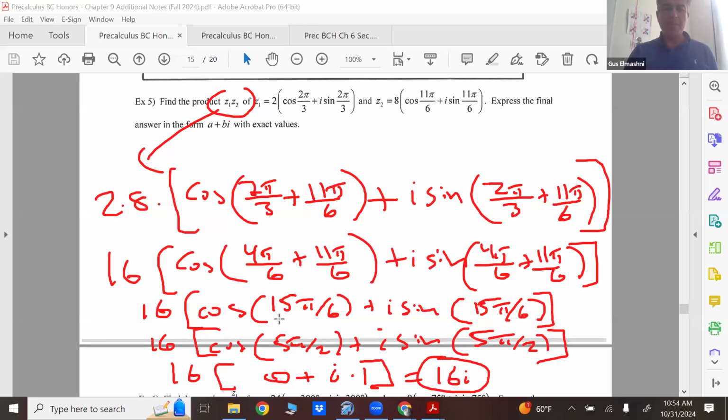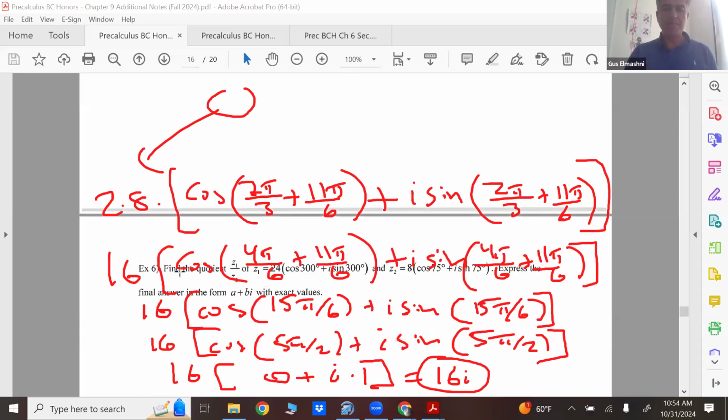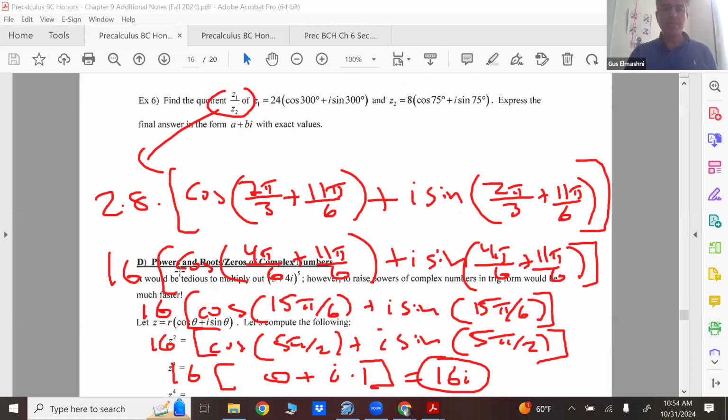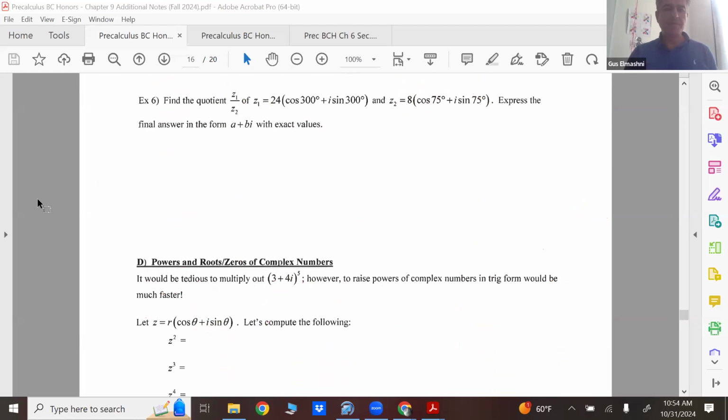All right. Then example 6. Same thing, 24 over 8. Okay, yes, there's degrees. Kind of lied. Yes, we sometimes use degrees here, but we still want to stick with radians for the most part.